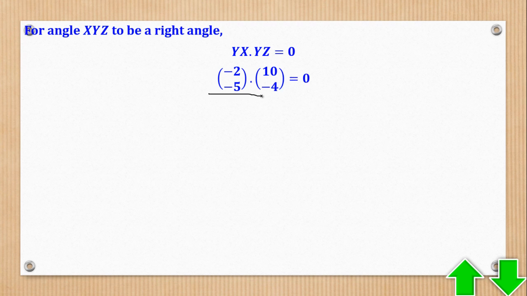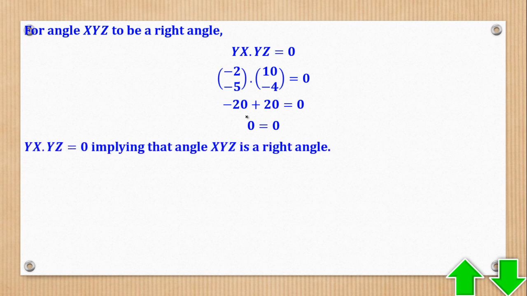So dot these two vectors. This times this is negative 20, then this times this is positive 20, which gives you 0. So because the dot is 0, it implies that the angle XYZ is 90 degrees.